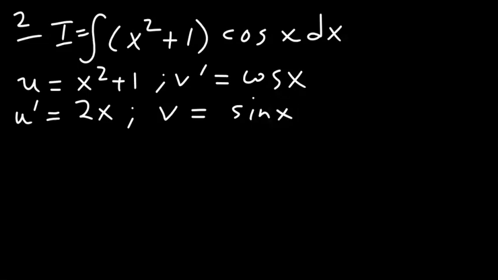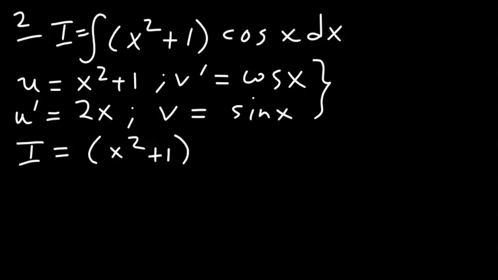So let's put this information inside the integration by parts formula. So I is u times v, so u is x squared plus 1, v is sine x, minus the integral of v and u prime.